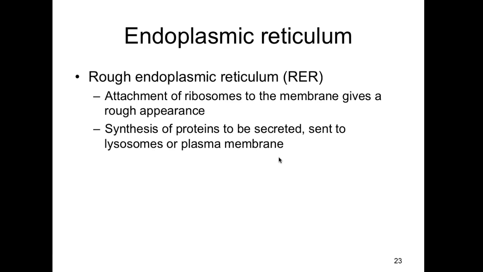Basically, the rough endoplasmic reticulum is involved with the synthesis of proteins that are to be secreted. So what will happen is they're sent to lysosomes or to the plasma membrane.